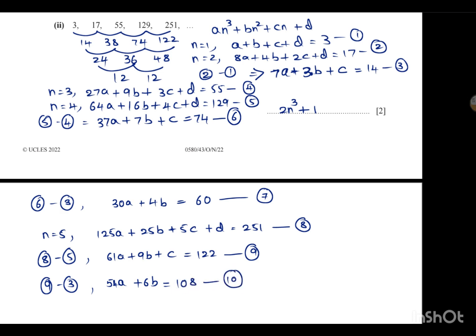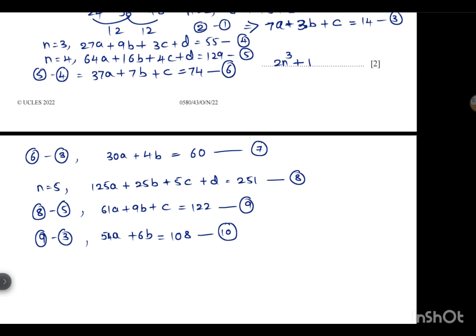Now we have two equations where a and b are there. You can use these two equations. You can multiply both the equations to make it common. You can do 6 multiplied by equation 7 and subtract from that 4 into equation 10.